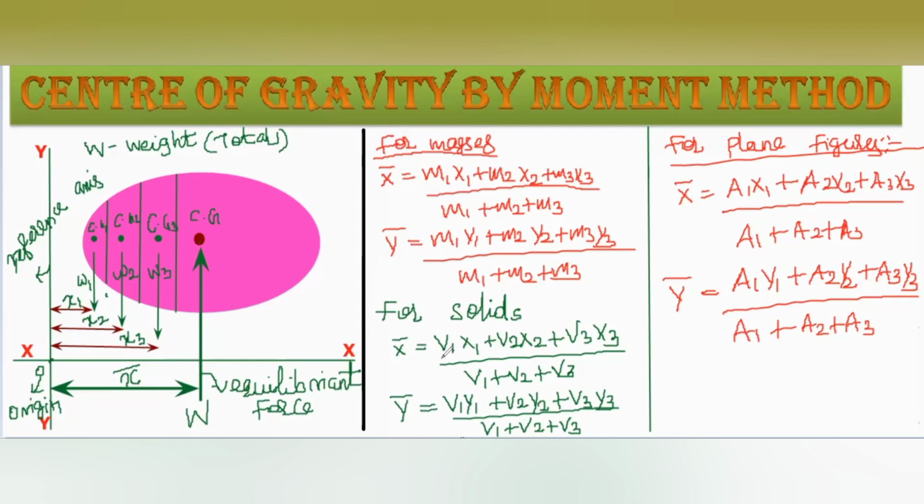The h is the perpendicular dimension to the plane of the paper. For the plane figures, if you consider the perpendicular dimension to the plane of the paper as unity, then h equals 1. Then x bar and y bar we can take in terms of area.